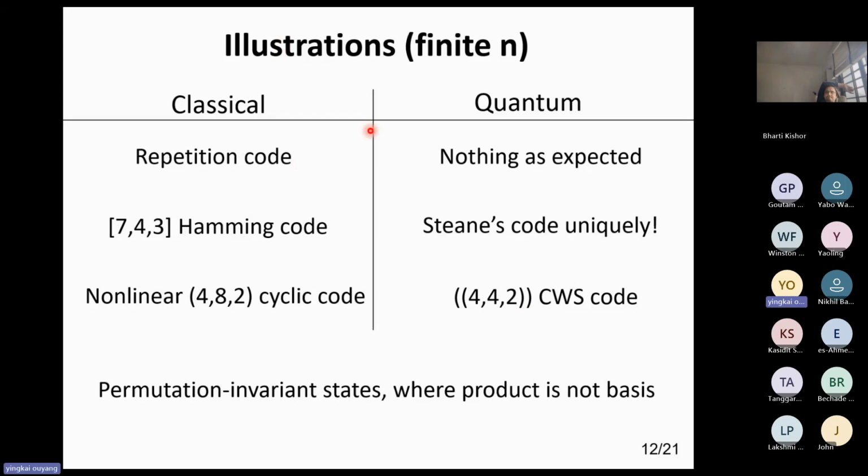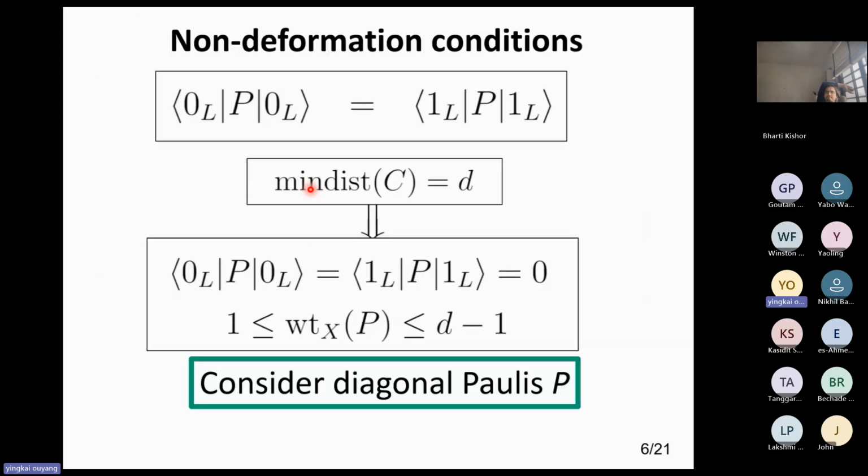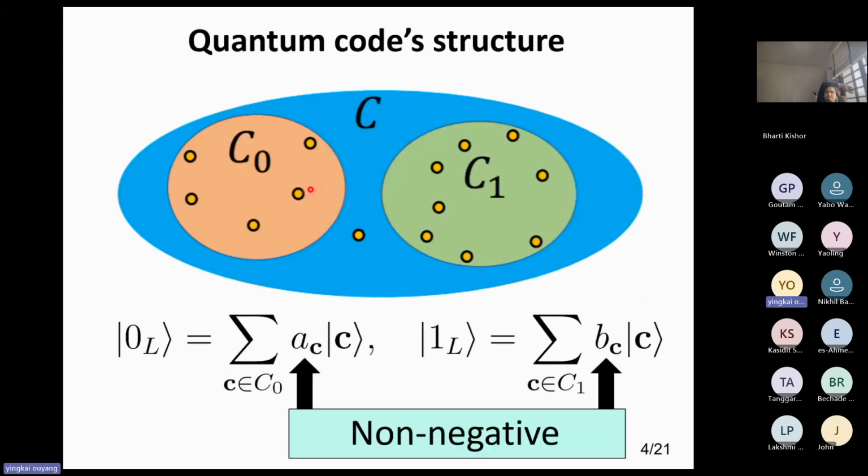We can put in any classical code, and in fact, we can generalize beyond this idea of superpositions of computational basis states. You can imagine that these C's no longer correspond to computational basis states. They're just labels on highly entangled states. You just label them with some bit string, right?